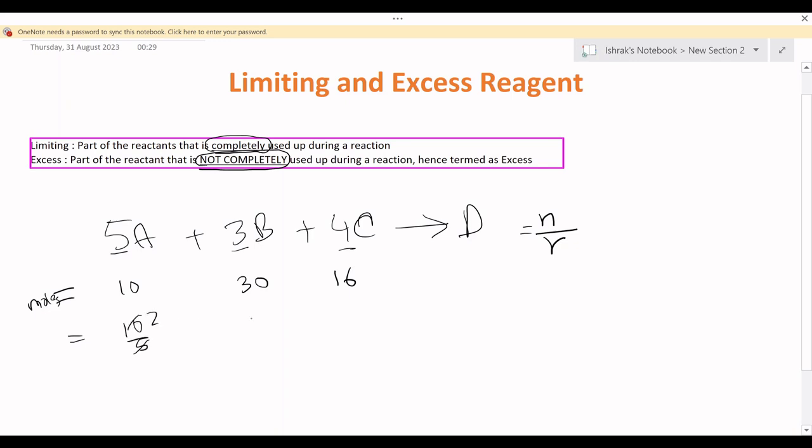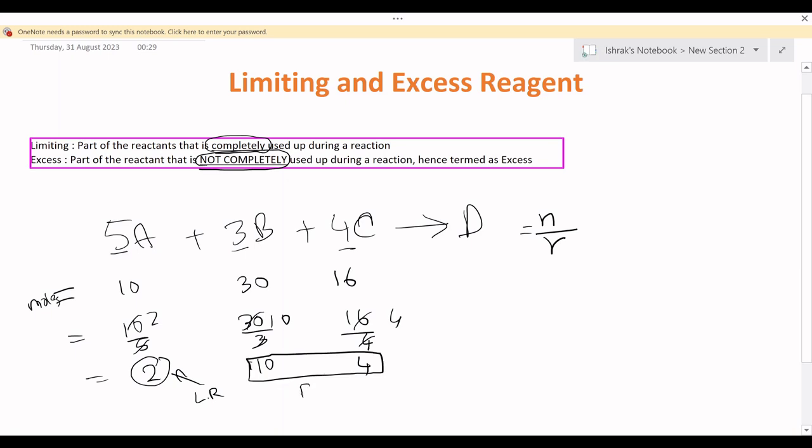I get 10. And 4. Among these 3 numbers, 2, 10, 4, which one is the smallest? This one. This becomes my limiting reagent, and the rest become my excess reagents. It doesn't matter, it could be the nth number of reactants, but if you use this formula, you can always find which one is the limiting reagent.